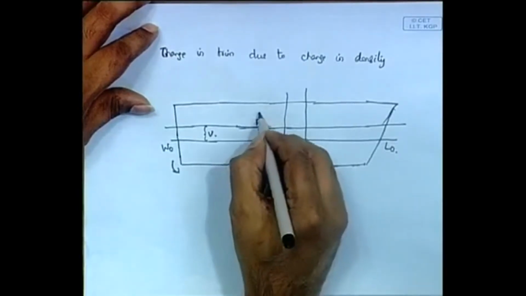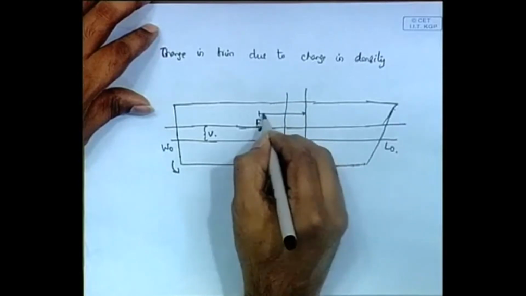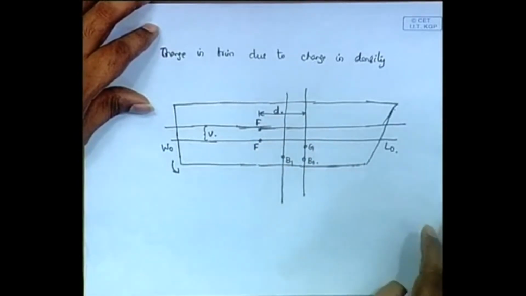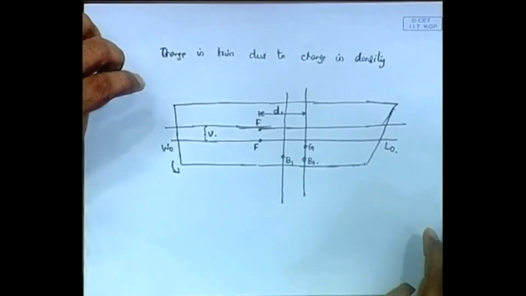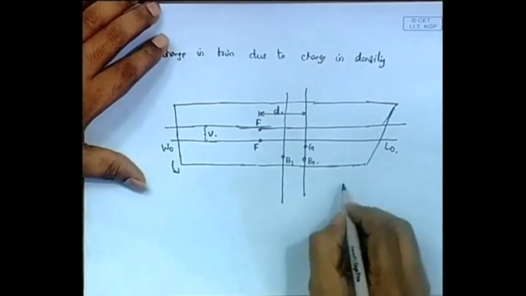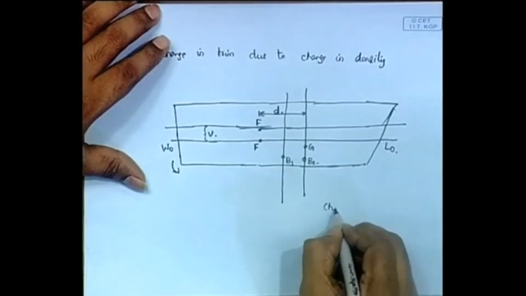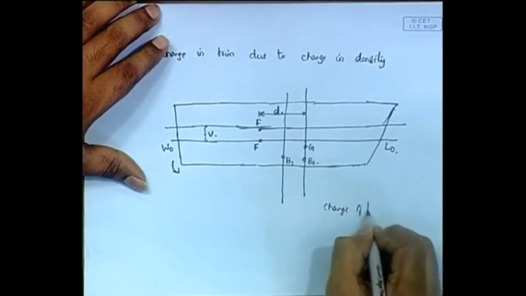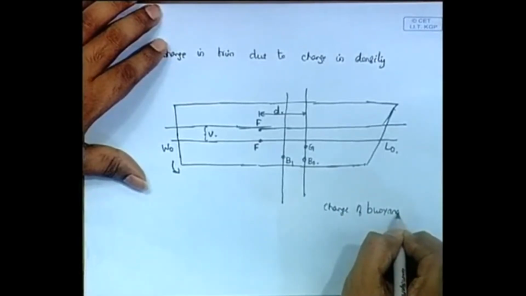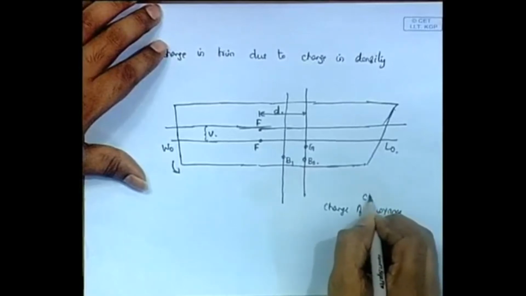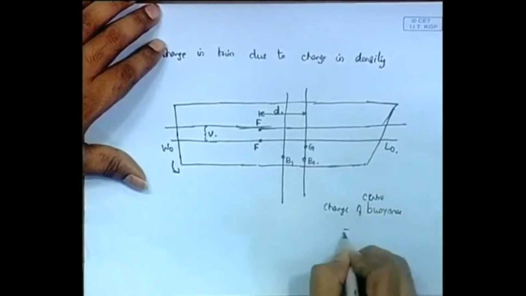Same things we can do. Let's say that the distance between this center of buoyancy initially and the F is d, and therefore we can see that the change of the center of buoyancy is B0 B1.